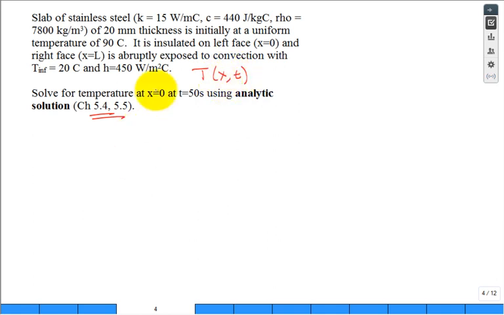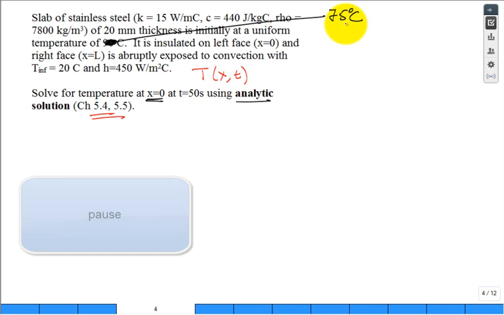So we asked the question, using the analytic solution technique covered in that section of the chapter, what is the temperature at the x equal to 0 location at 40 or 50 seconds? And this temperature right here, uniform at 75 degrees C for the initial temperature. How would you solve that problem? Should I give you a minute?